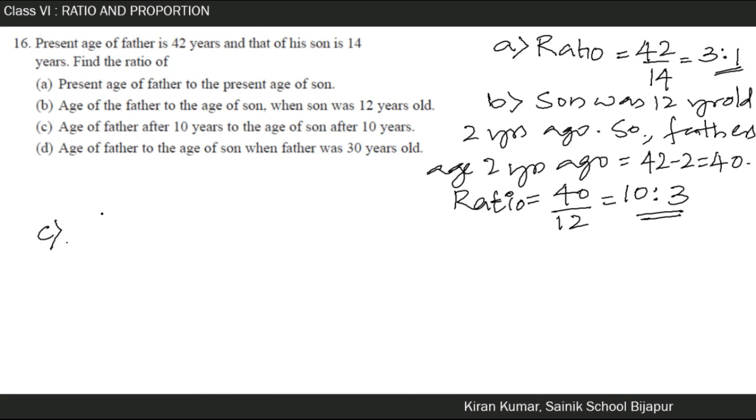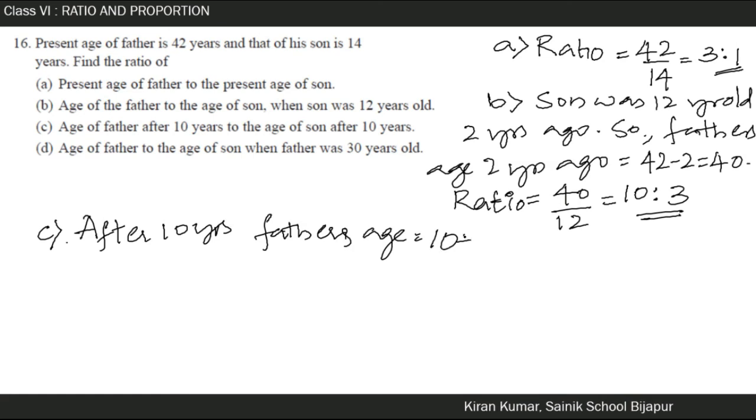Third one, age of father after 10 years to age of son after 10 years. After 10 years, father's age will be 10 added to 42, we get 52 years.